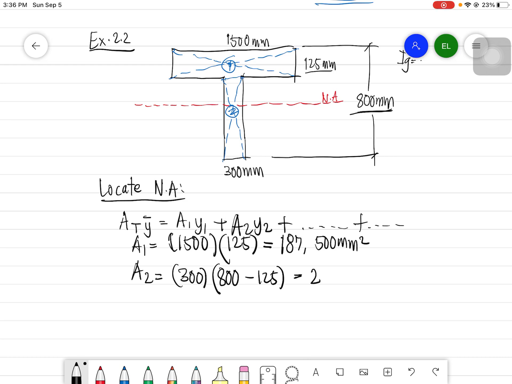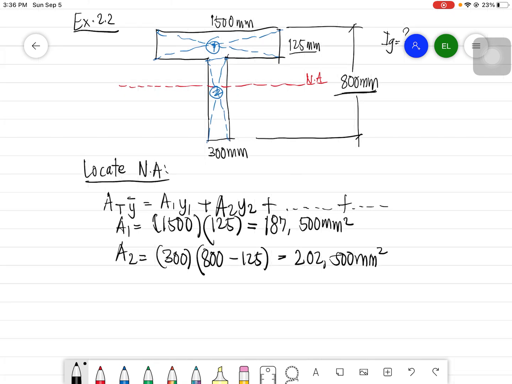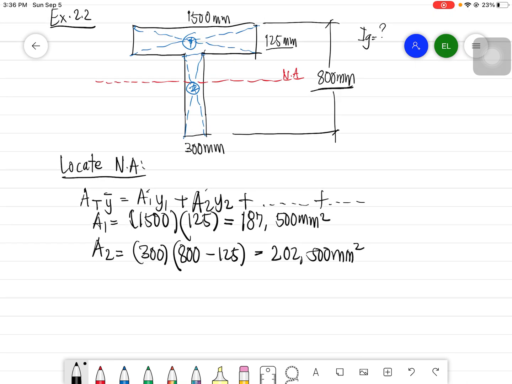This is 202,500 mm squared. So we are done with A1 and A2 already. The total area is equal to 390,000 mm squared.